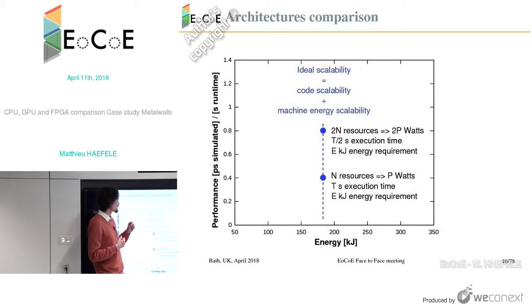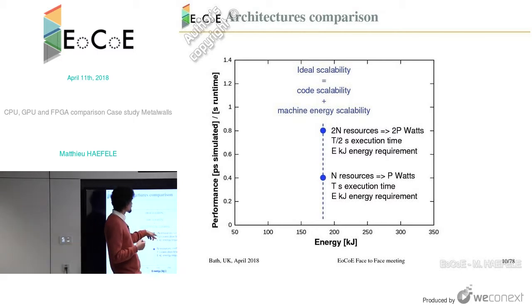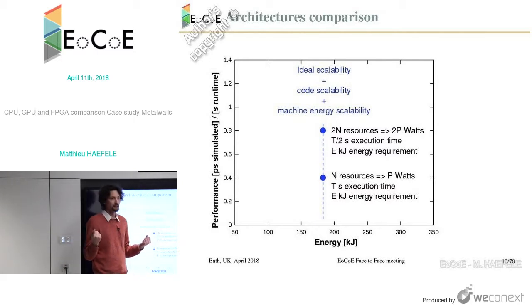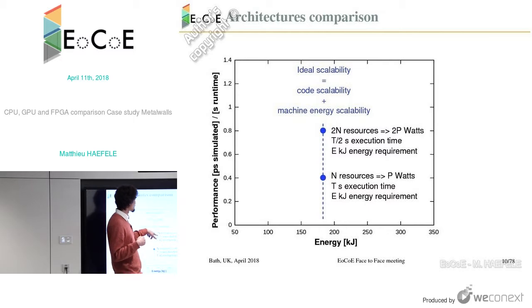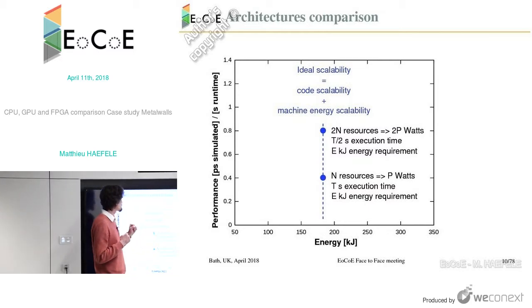Now, if you double the amount of resources, so you're using 2p watts, and we assume a perfect scalability of the application, then the runtime will be halved. So you will have t over 2 seconds for execution time.